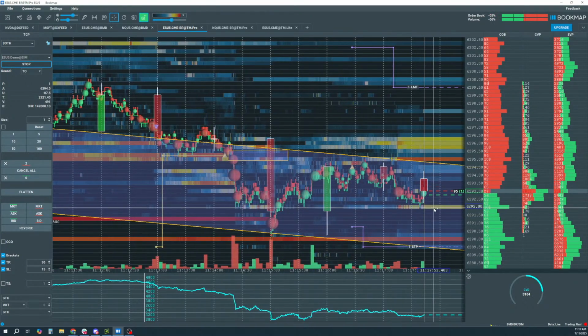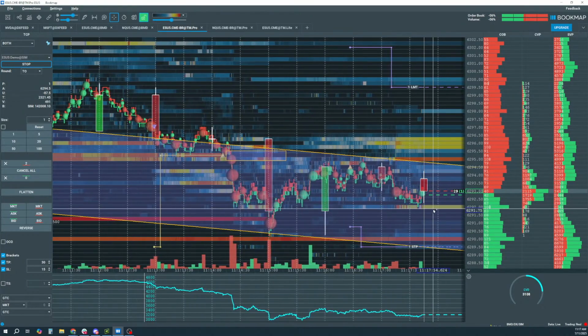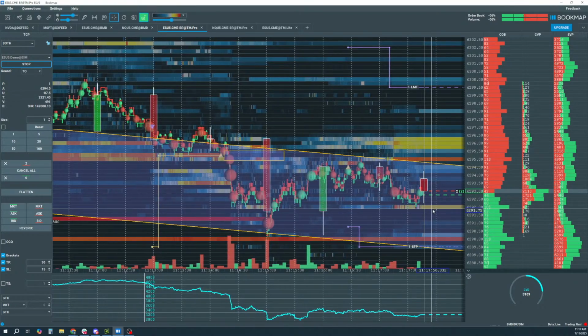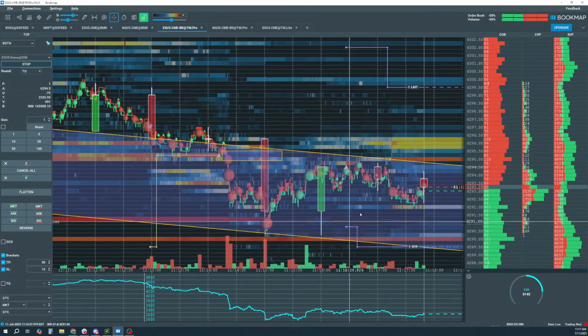Okay, trading into 92, some liquidity there at 92. Let's see if we get some buyers here and take it back up.